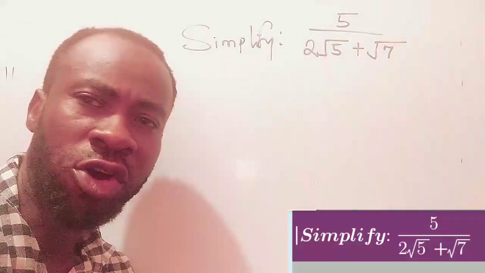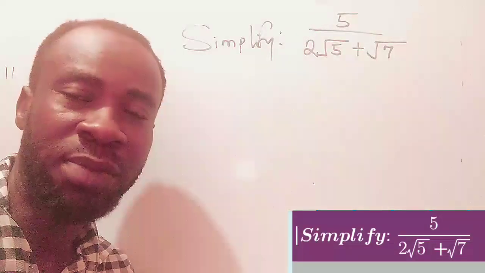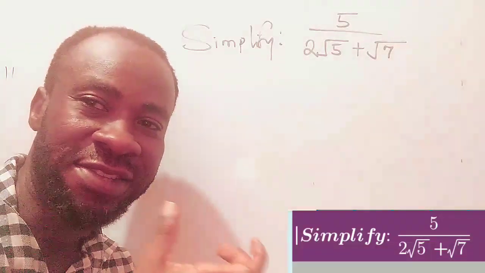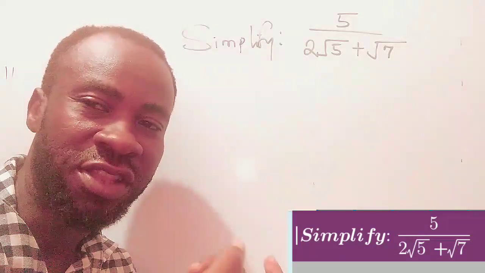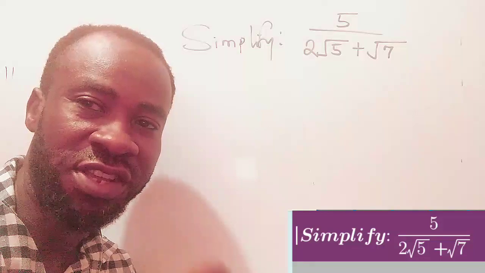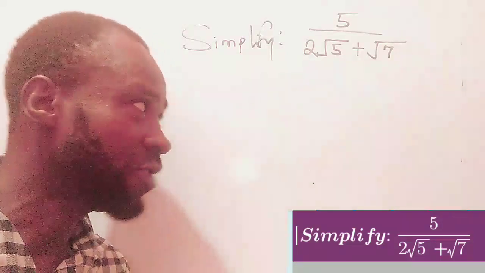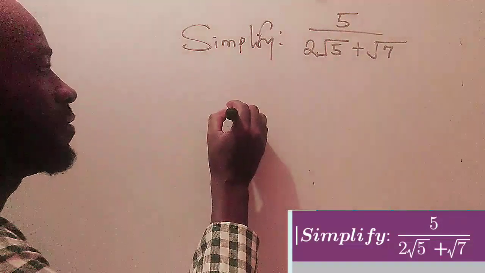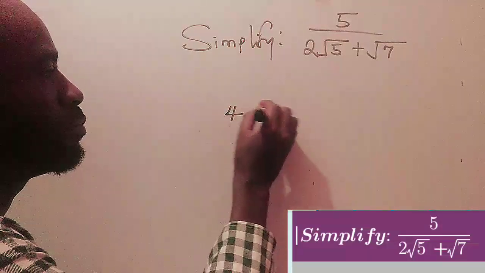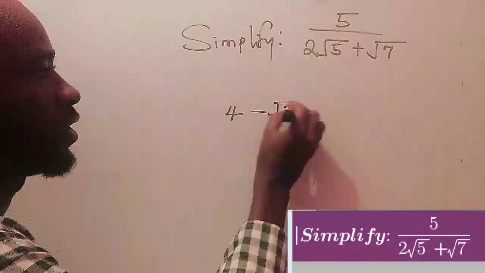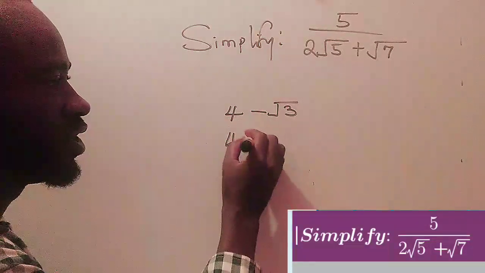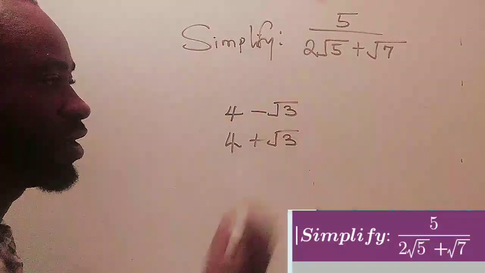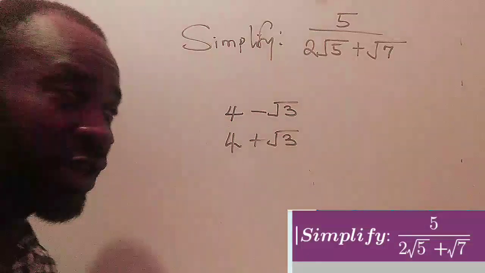When we talk about the conjugate of a surd, we are talking about that exact same surd in which the middle operation is the opposite. For example, if I have 4 minus root 3, the conjugate of 4 minus root 3 is 4 plus root 3.